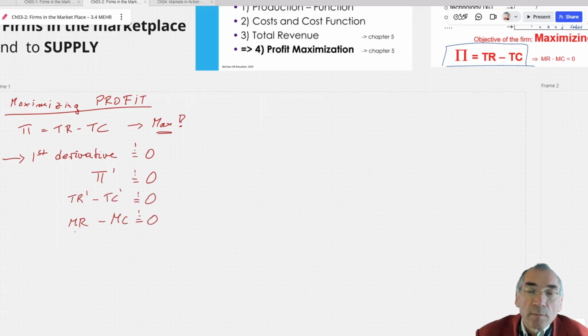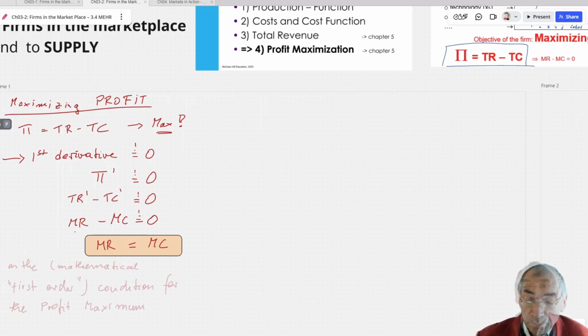So that's just the symbols that we use, whether we use the prime or we say marginal. And obviously, in this equation, we can bring one of those to the other side. Marginal revenue minus marginal cost is 0. That's equivalent to marginal revenue equals marginal costs. As our condition of the maximum, mathematically speaking, the first order condition for a maximum.